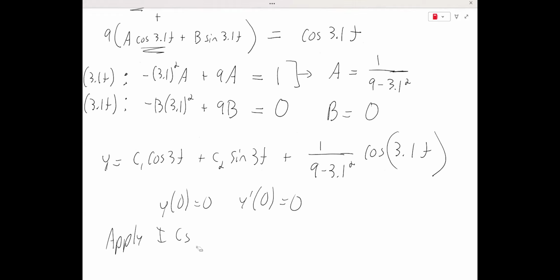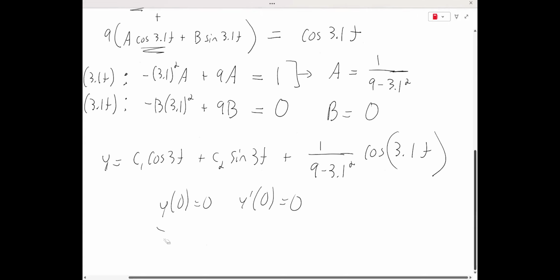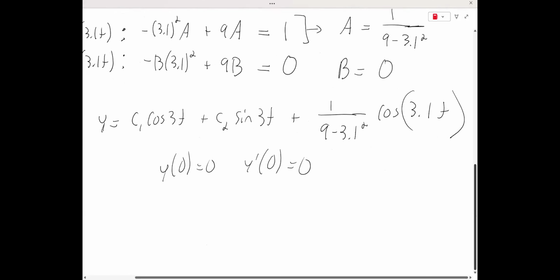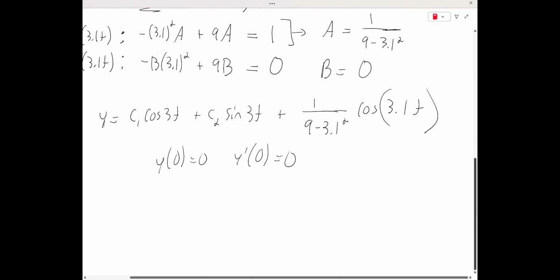Actually, before I do that, since I have a condition on the derivative, I want to take a derivative of this, which I forgot to do. So y prime is equal to, taking the derivative with respect to t, negative 3c1 sine 3t plus 3c2 cosine 3t.